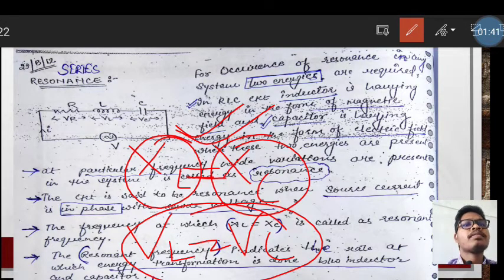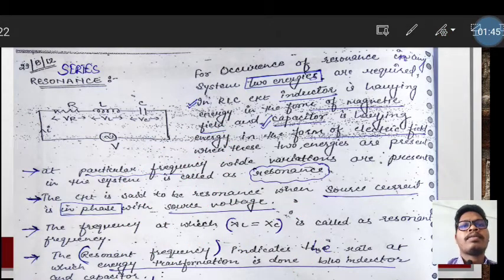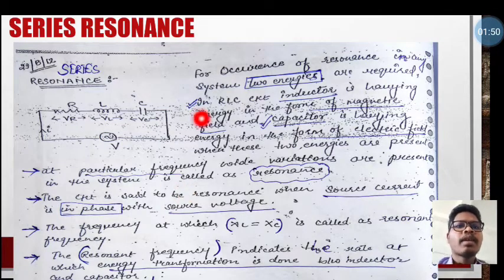Now the basics of resonance. For the occurrence of resonance in any system, two energies are required. Here the voltage source is one energy and the current source is another.